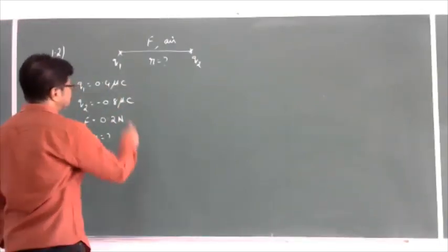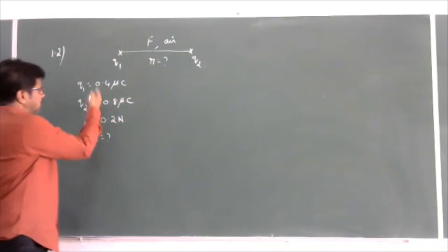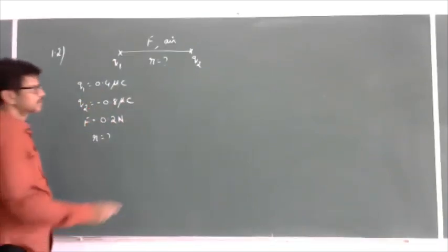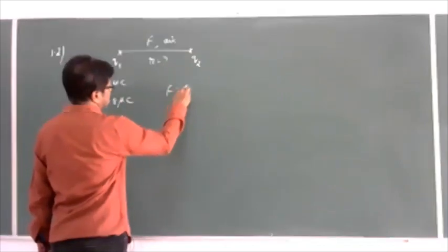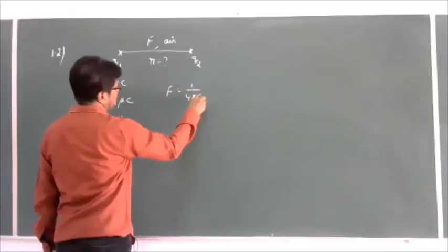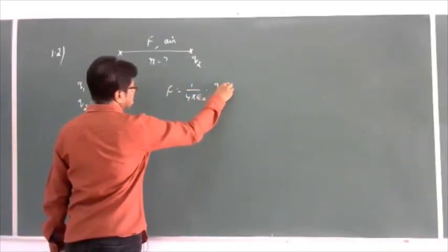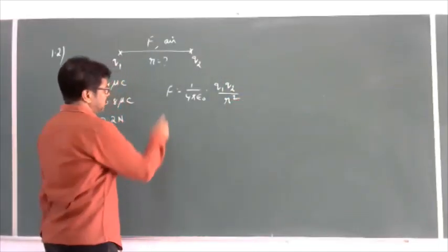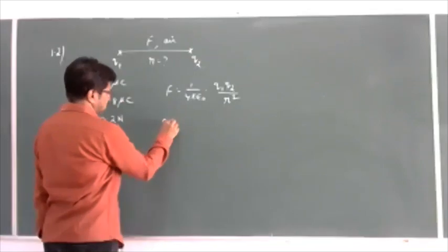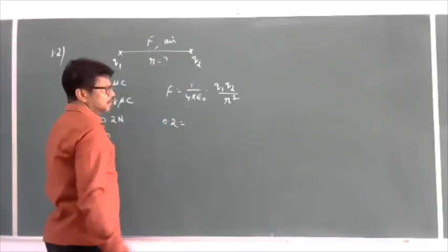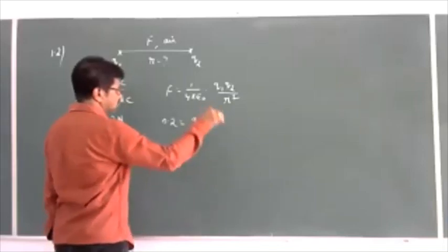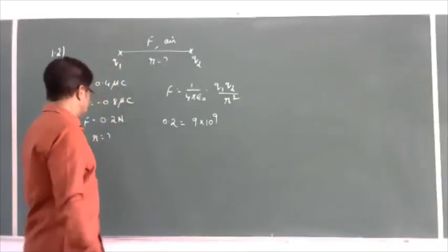Now here, there will be an electrostatic force of attraction between these two charges. Then F is equal to 1 by 4 pi epsilon naught Q1 Q2 by R square, whereas F is equal to 0.2, and 1 by 4 pi epsilon naught is equal to 9 into 10 to the power of 9.